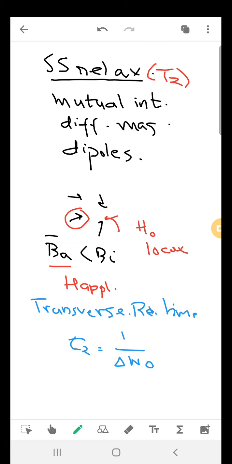It means that if two spins have precession frequencies differing by delta omega 0 and are initially in phase, then they will be out of phase in time 1 by delta omega 0, about 10 to the power minus 4 seconds.